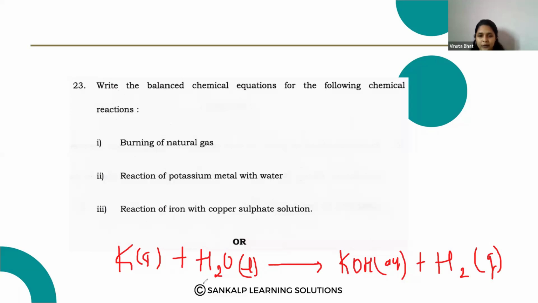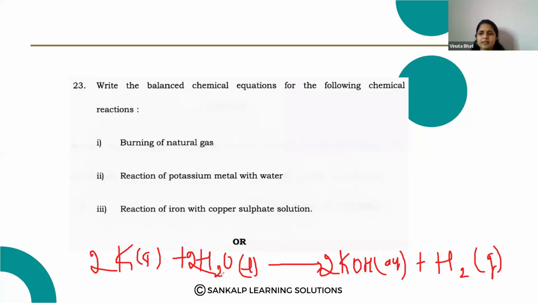Potassium, that is same. Hydrogen here 2, here 3 hydrogen is there. So I will make it 4 hydrogen. Okay, I will add the 2 here. Now hydrogen is balanced. Then potassium, oxygen 2 in the reactant also, and here 2 potassium, here also 2 potassium hydroxide.